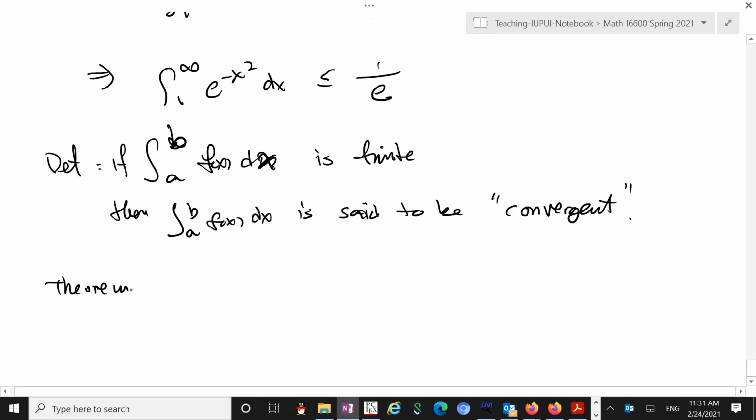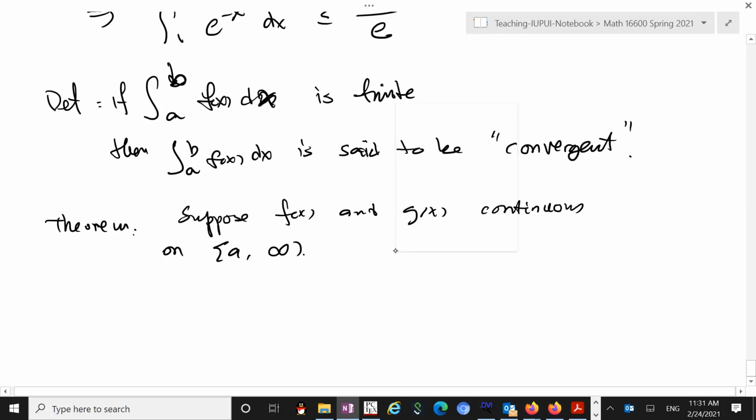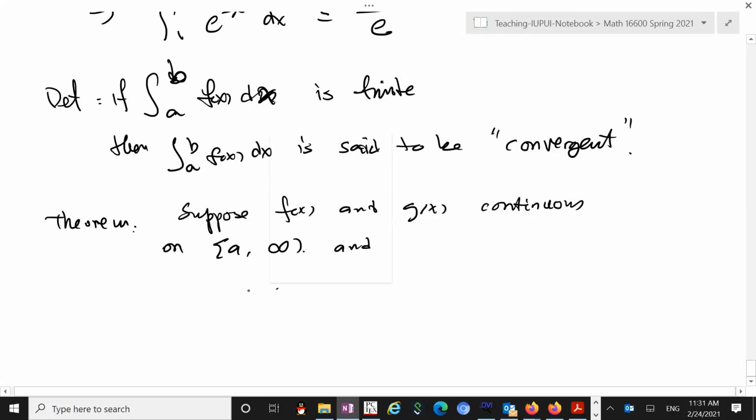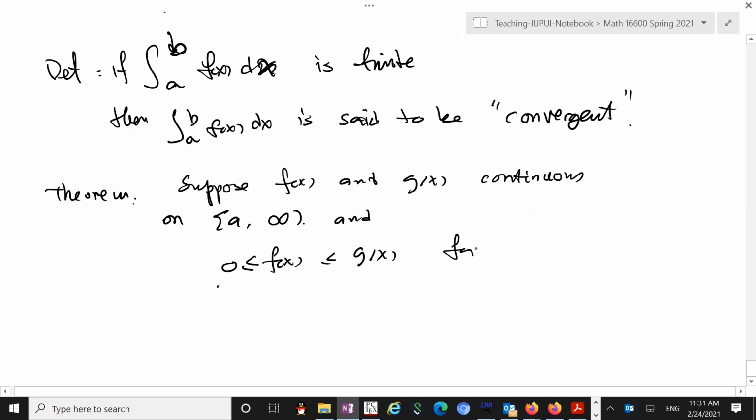If we assume that f of x and g of x are continuous on the closed interval from a to infinity, so you can talk about integrals, and f of x is under g of x for x greater than a. Okay.